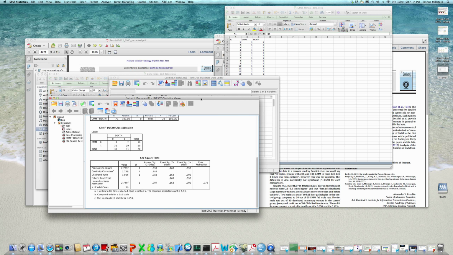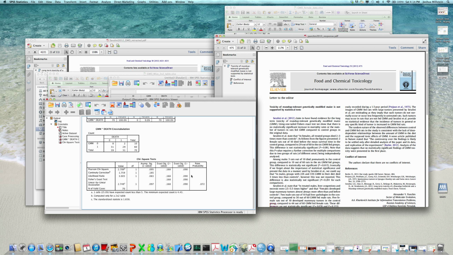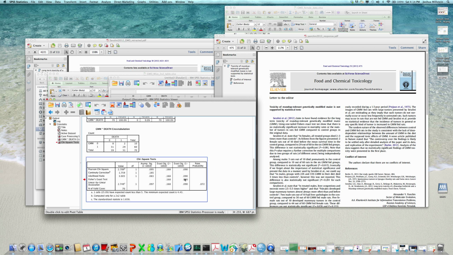Now let's look back in the letter to the editor and see what he got. P is equal to 0.09. So we got the same thing from Excel and writing out this little data set as the person who wrote in. Of course, 0.09 is greater than 0.05, so even if they had only done a one-sided, not the more stringent two-sided, they still wouldn't have gotten a significant result if they had set it up this way.